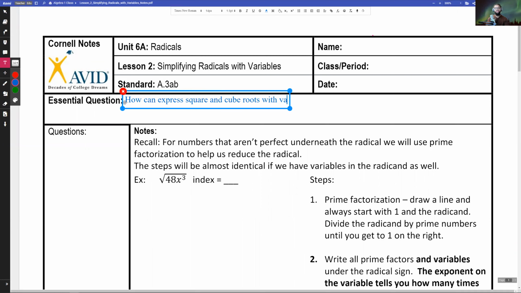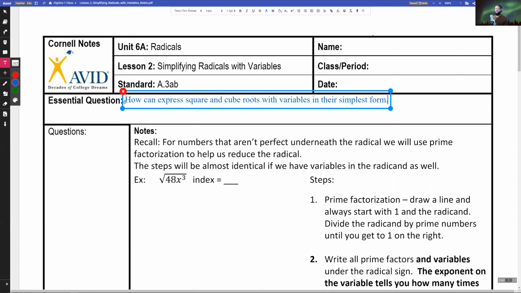That's the difference right there, with variables. How can we express cube roots and square roots with variables in their simplest form? That's going to be the goal for today's lesson.